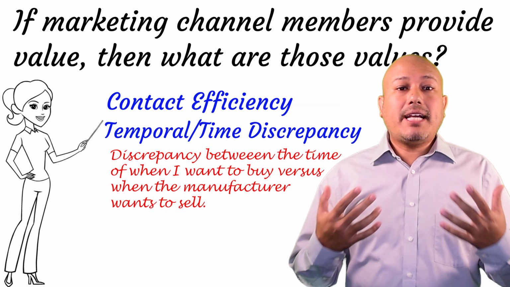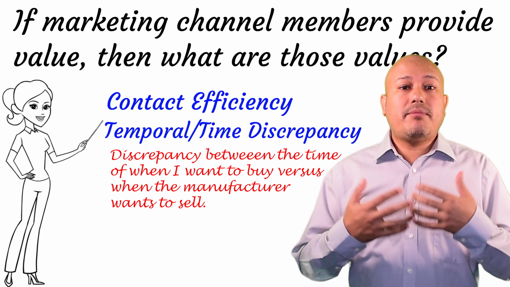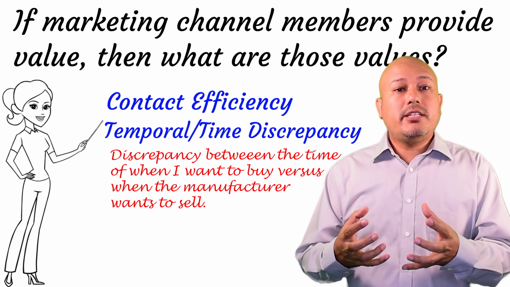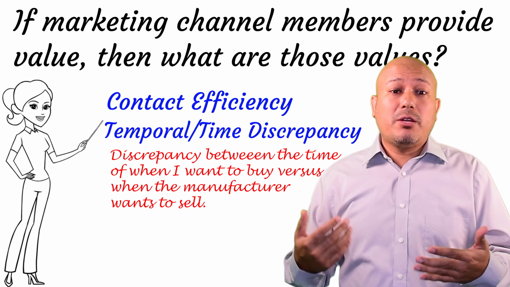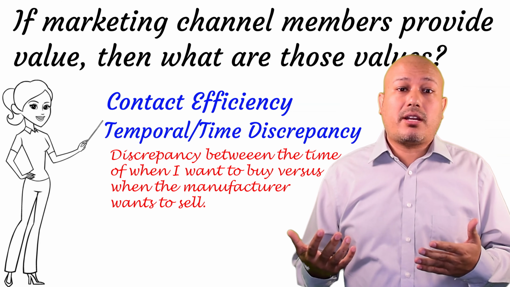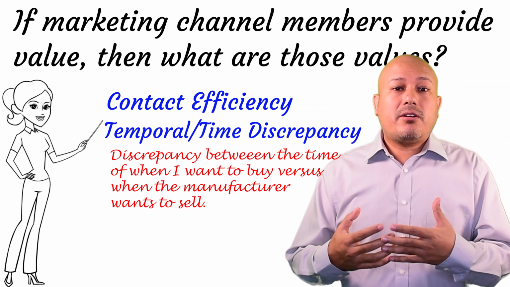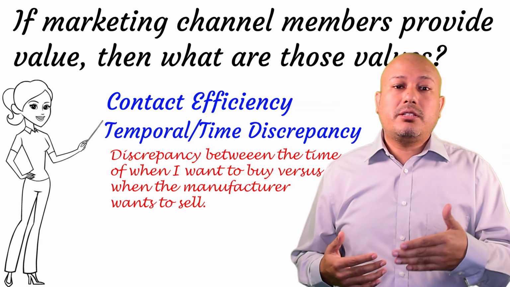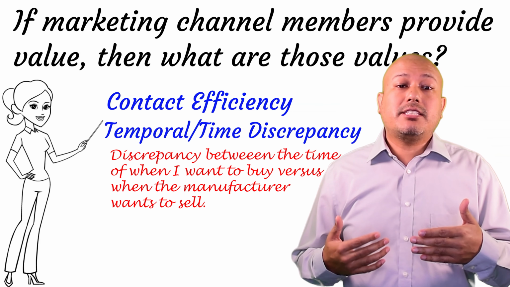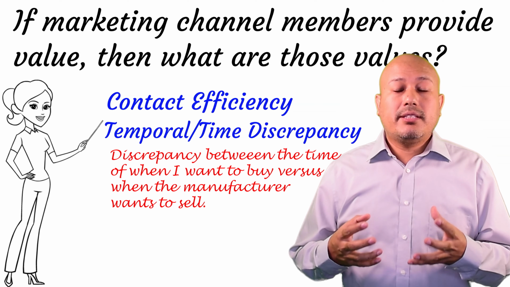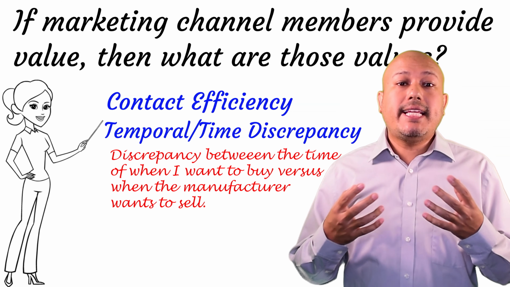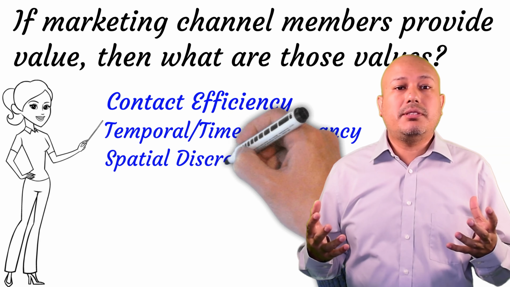They would buy the product from the manufacturer when it is manufactured, hold it in their inventory, and then sell it to me when I want to buy the product. So they are taking care of this discrepancy between when the consumer wants to buy and when the manufacturer wants to sell.